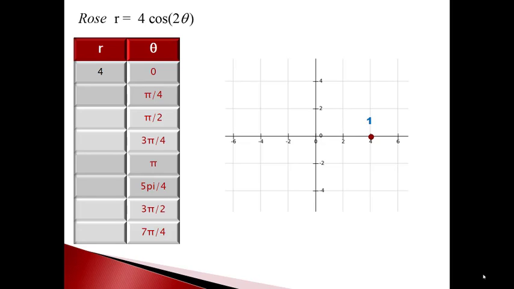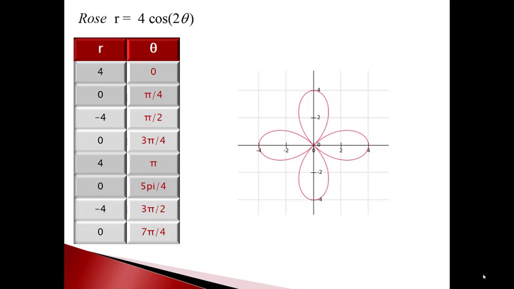The first point, the second point is the pole, the third point, the fourth point is the pole, the fifth point, the sixth point is the pole, the seventh point, the eighth point is the pole. Connecting the points by order, we obtain a rose curve with 4 petals.